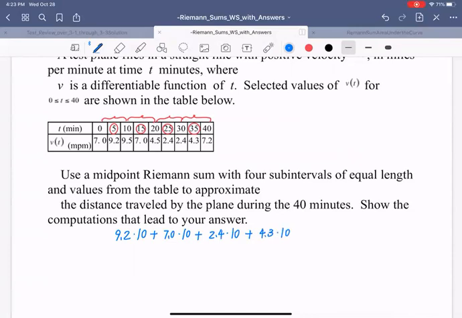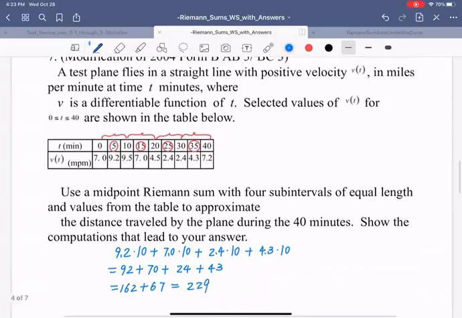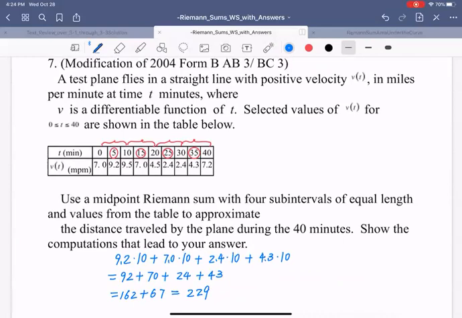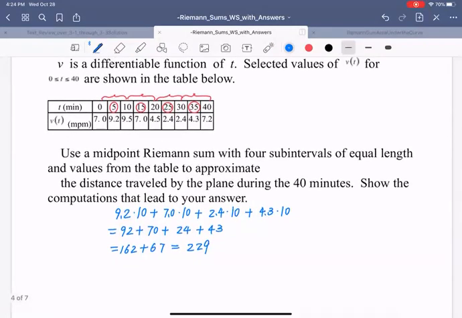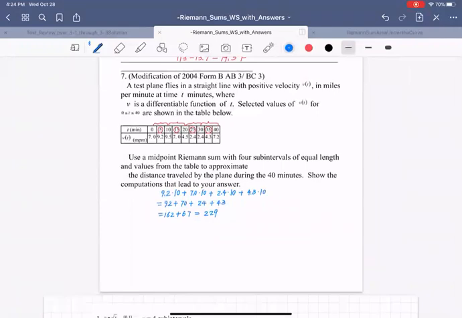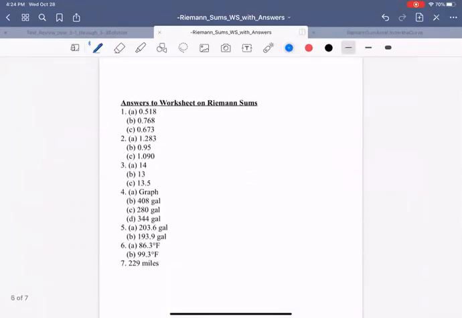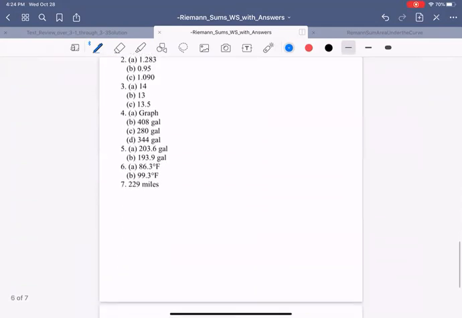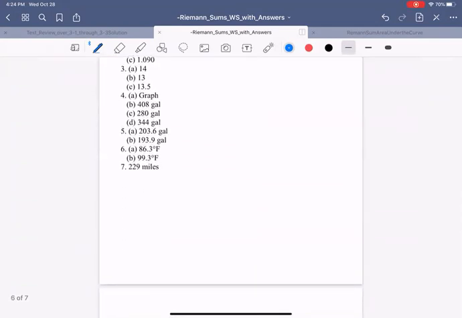So 92 plus 70 plus 24 plus 43. All right, so this is the total distance flown during the 40 minutes. That's it. Let me check the answer key. Yeah, 229. Good.